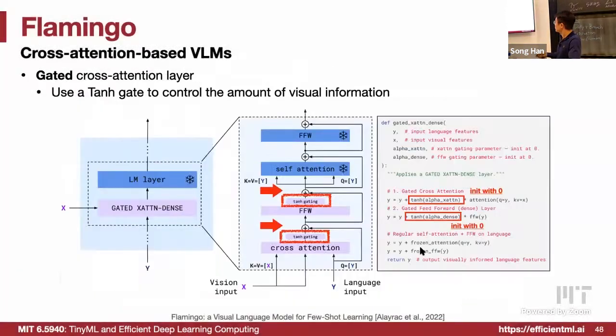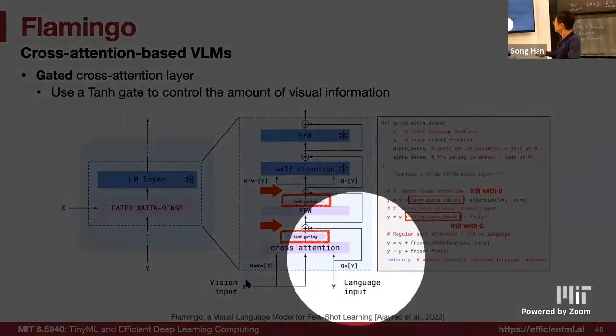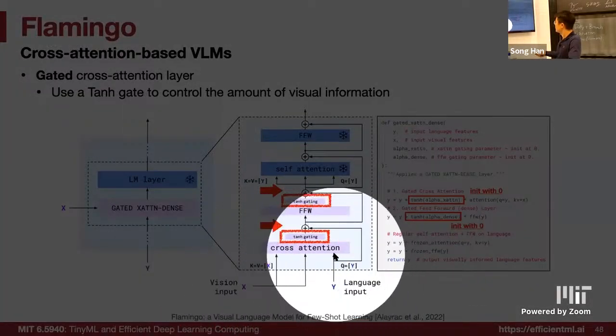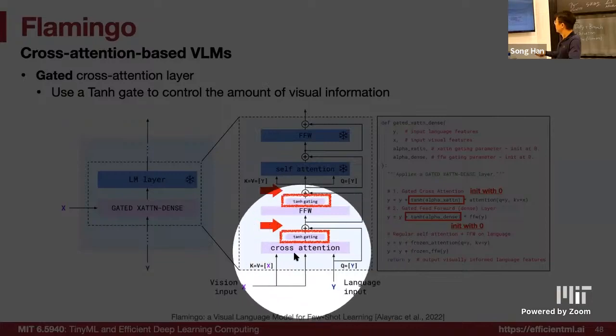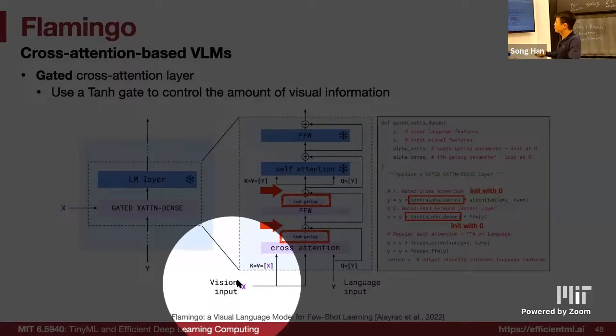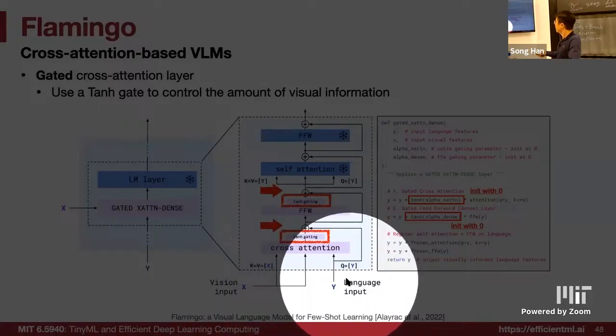We use cross attention to inject the vision input as K and V, and Q is the original language input. The difference here is that we are no longer using the same vector to generate QKV, but K and V are obtained from the visual input, and Q is obtained from the language input.